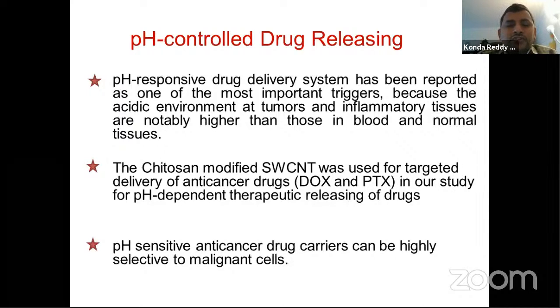We have shown how we can load the two anti-cancer drugs, both DOX and PTX, on this chitosan modified single wall carbon nanotube, and then how we can release these drugs at the target site.